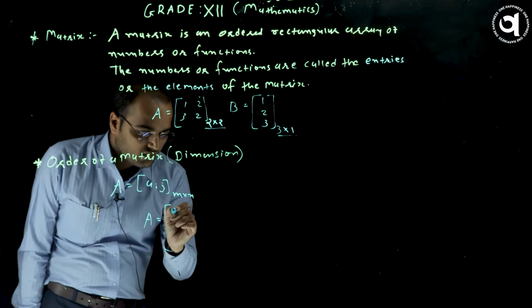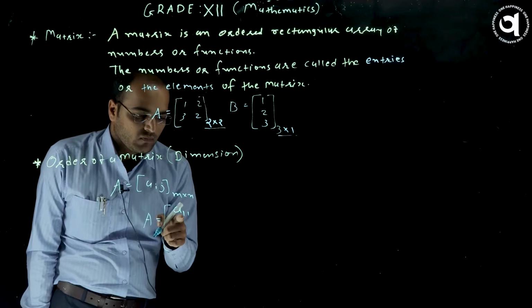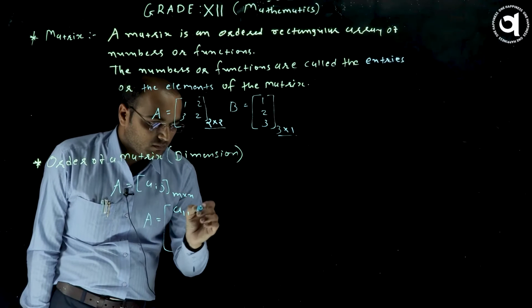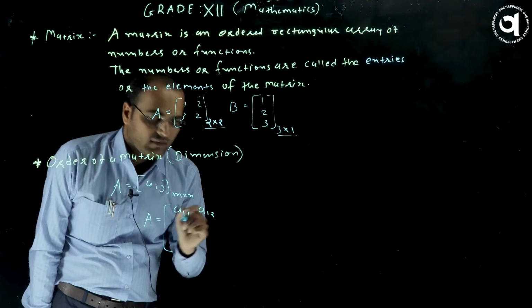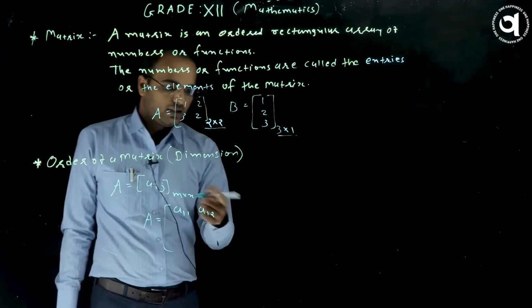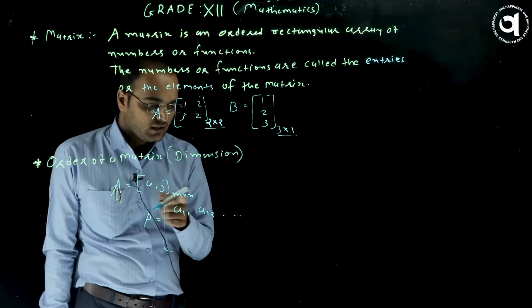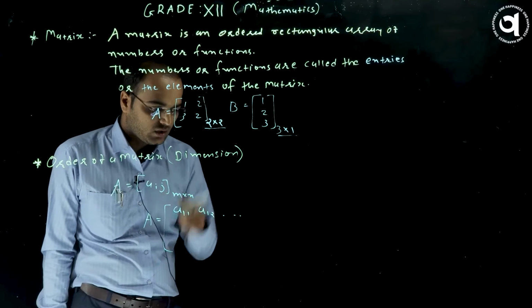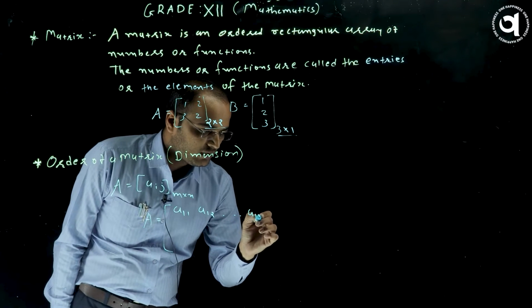So consider the first element a11: first row and first column. The second element of the first row, a12, means first row and second column. Up to how many columns? n columns: first column, second column, up to n columns. So the last element is first row and nth column.